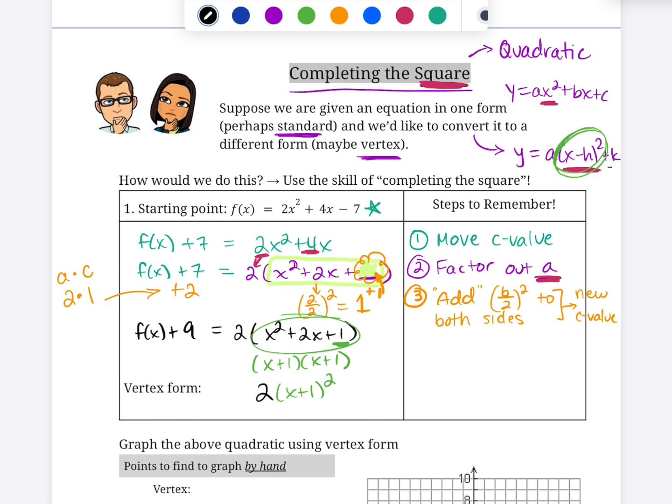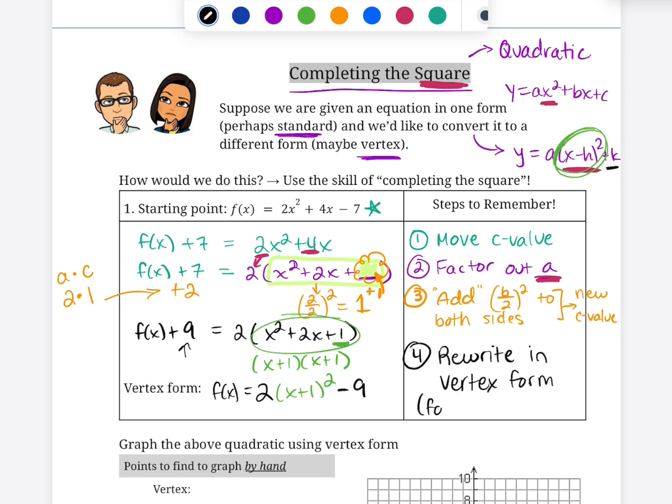The only thing we're missing is that k value, which is going to come from moving that 9 over to the other side. So now we have f of x equals 2 times (x plus 1) squared minus 9. The fourth step, after you add that c value, is you rewrite in vertex form.